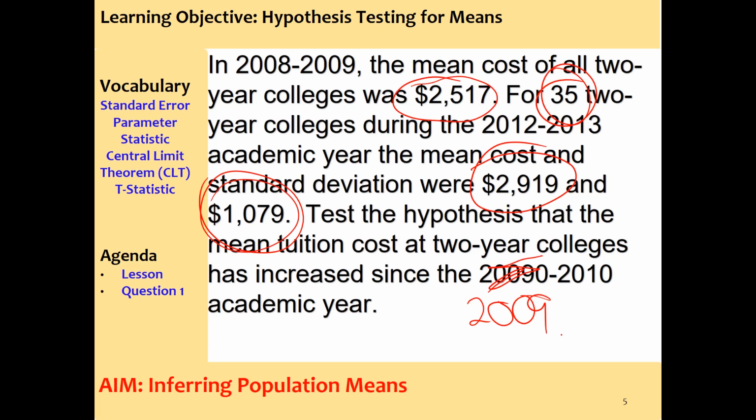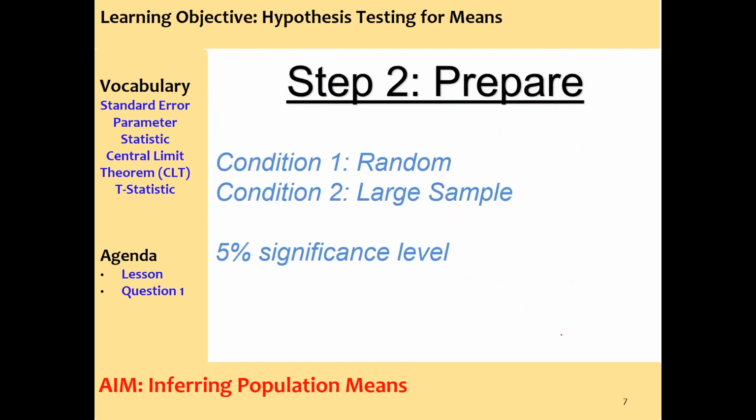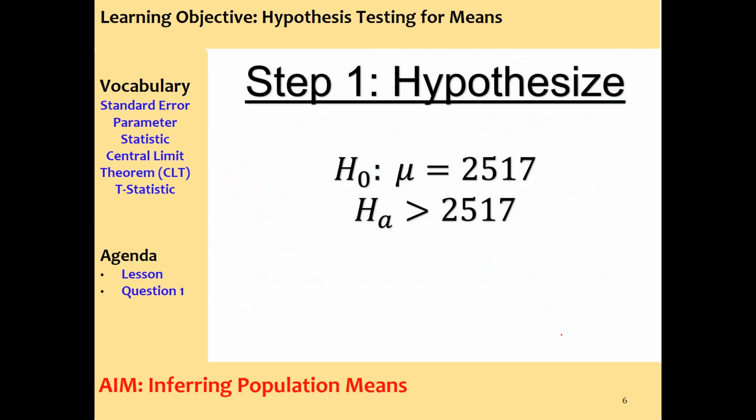Step one, come up with a hypothesis. So our null hypothesis is that it stayed the same, and our alternative hypothesis is that it increased. Remember, guys, this is us reaching back to the last unit: not equal means two-tailed, and if we use greater than or less than, it's one-tailed.